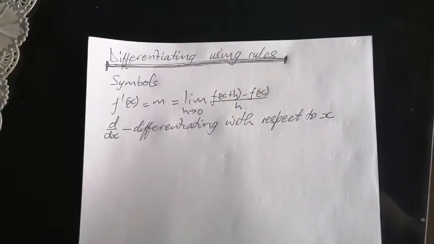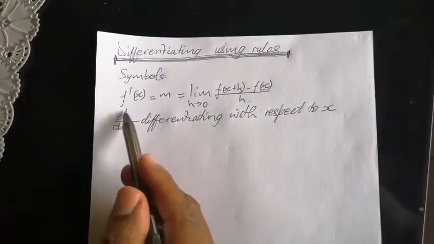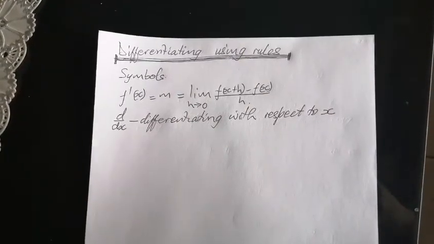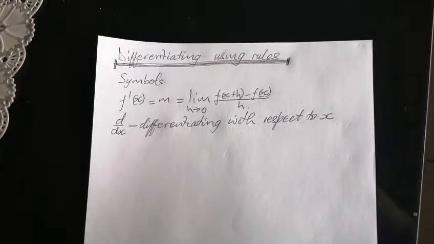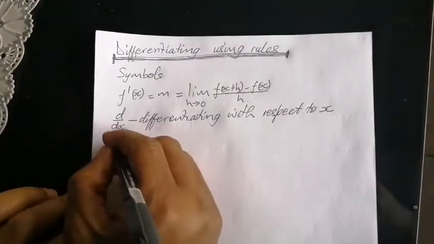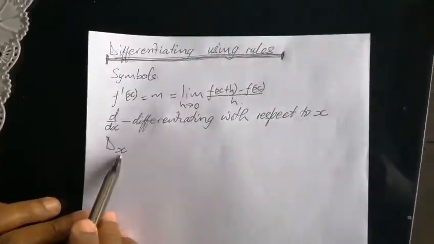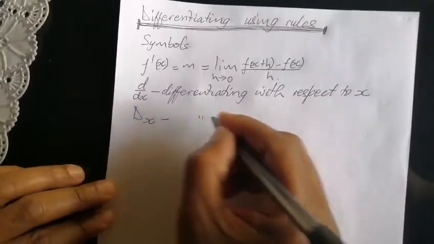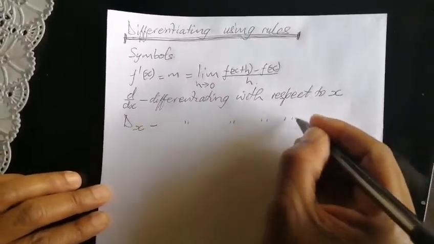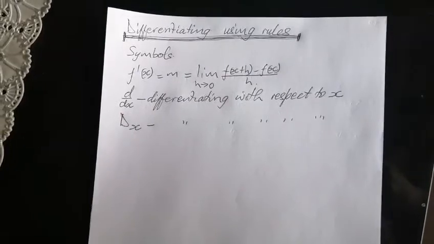Given our f of x, then we should be able to differentiate it with respect to a variable. In this case, it's x. And this can also be written like that. This means we are differentiating with respect to x. So it's exactly the same as we have said above.